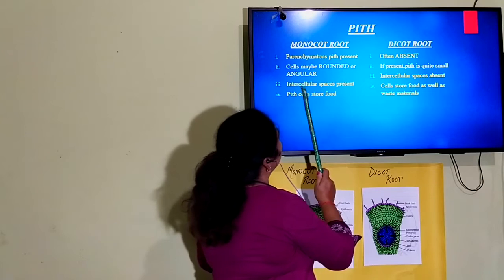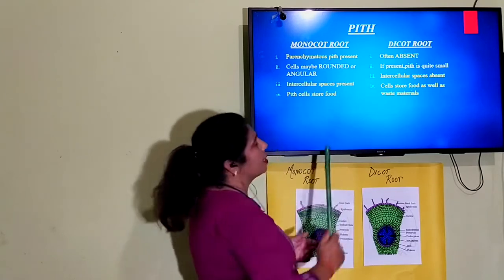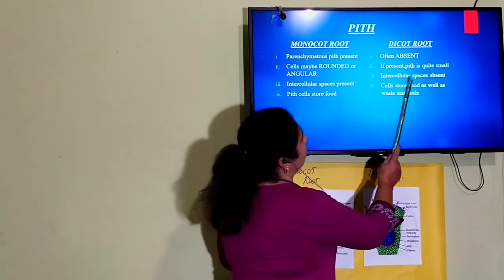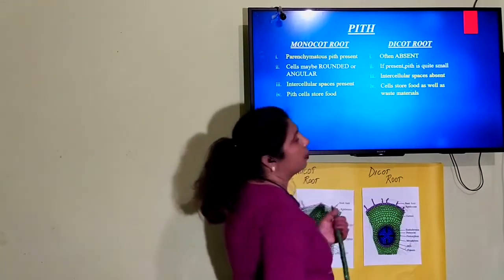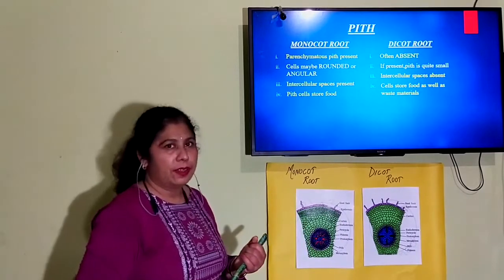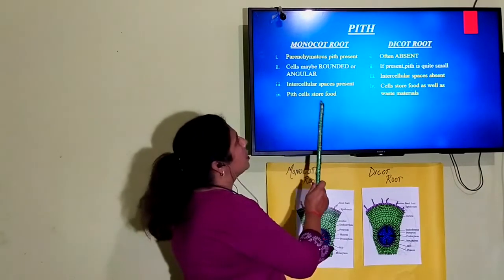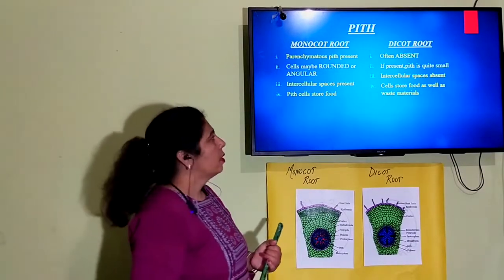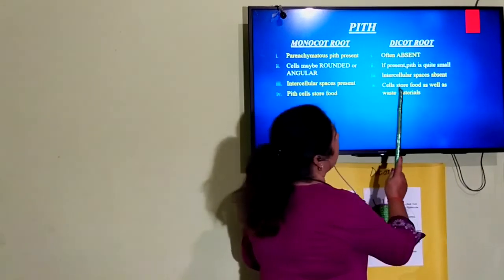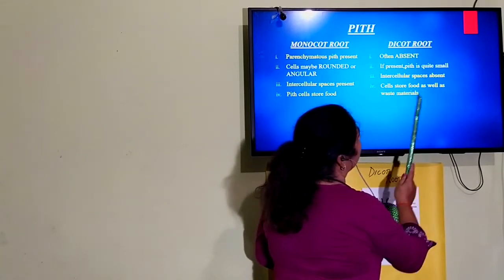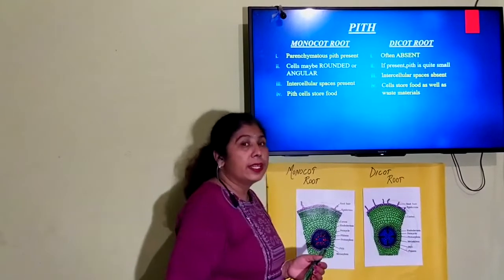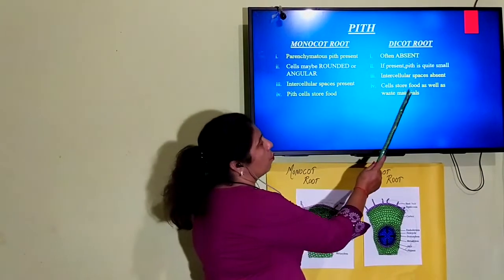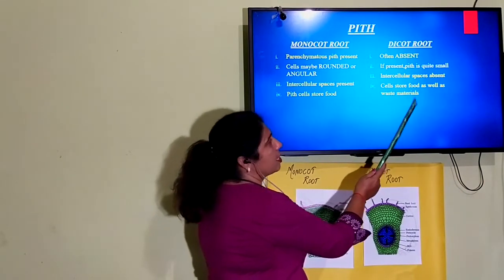There are intercellular spaces present in monocots, while in dicots intercellular spaces between cells of the pith are completely absent. Pith cells store food in the case of monocots. In dicots, cells store food as well as waste materials.